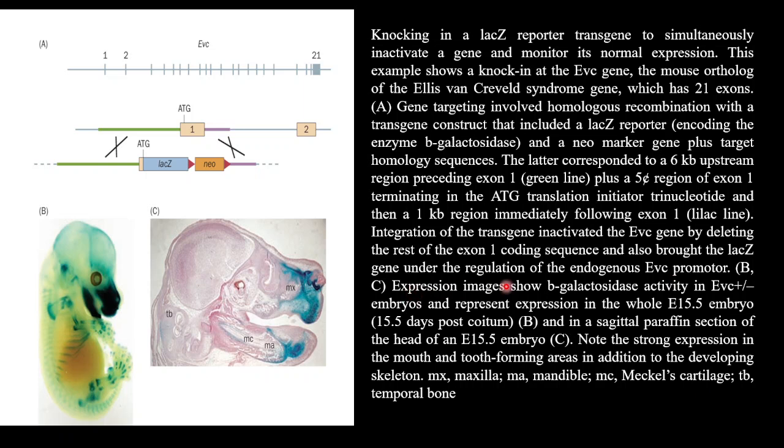So you can see the expression images show the beta galactosidase activity in the EBC plus minus embryo and represent expression in the whole embryo. So where this particular gene is expressing, and if it is expressing here, what is its role? So they want to study it.